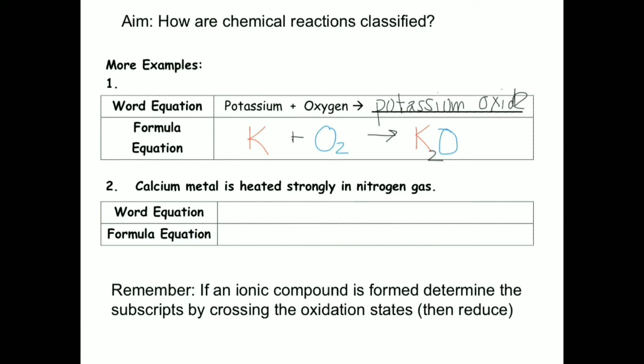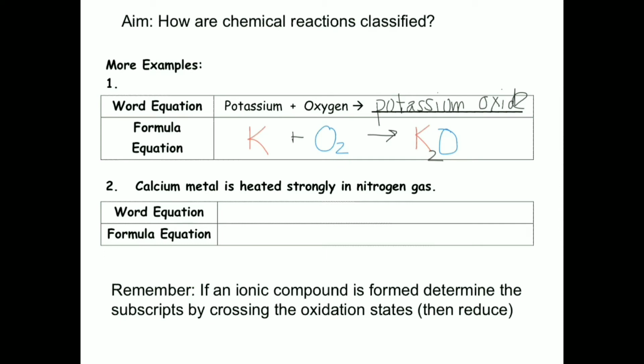There are a couple of important points you have to remember when writing the formula using symbols. The first is to make sure that when writing symbols of diatomic elements, we include the subscripted 2 for the lone element.